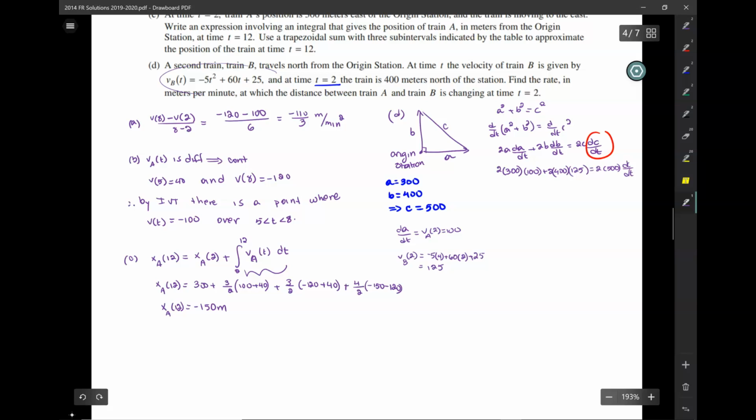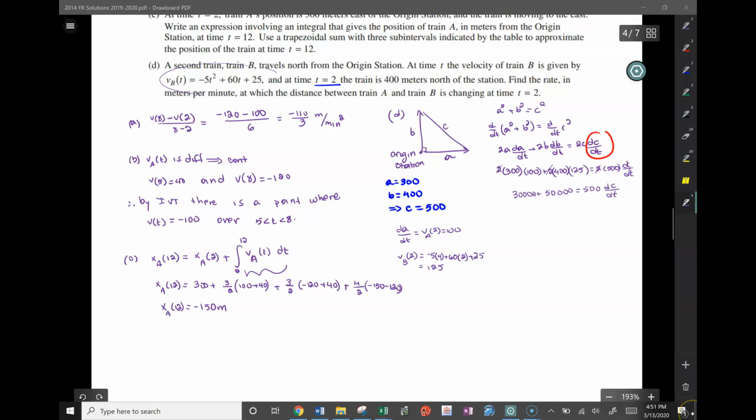All right, and you're probably wondering why I didn't cancel out the 2's before. Could I have canceled out the 2's before? Of course you could have. And when you cancel out all the 2's, you get 3,000 plus 30,000 plus 50,000 is equal to 500 dC/dt.